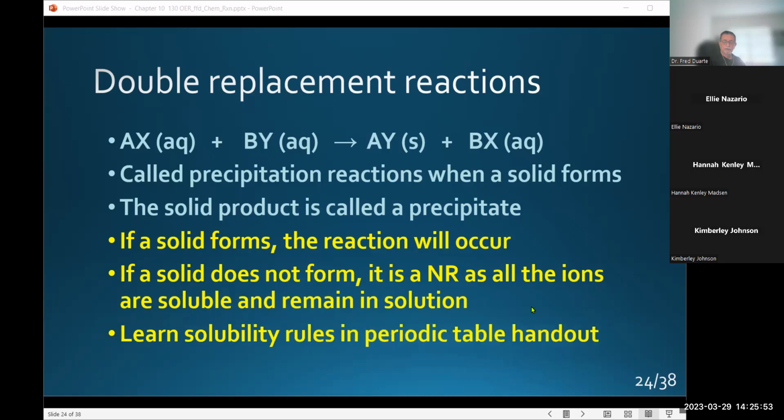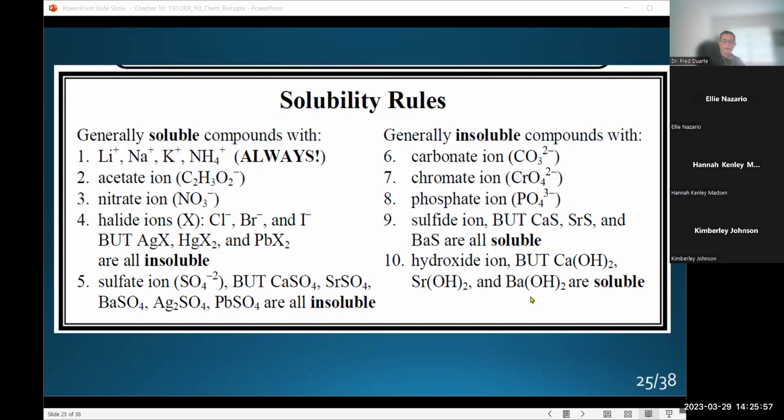So we have to utilize the solubility rules in the periodic table handout. We went over these before, but just to refresh your memory quickly, we have two columns. The left column is the soluble column. If these four cations are bonded to any anions, then it's soluble.